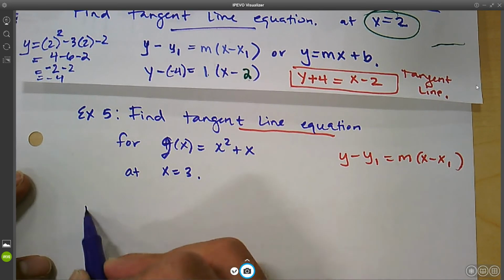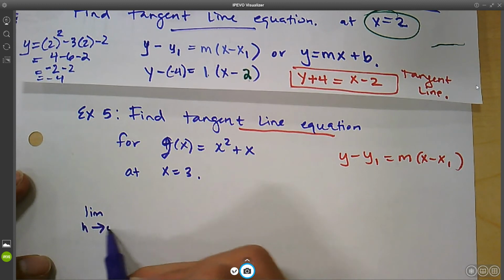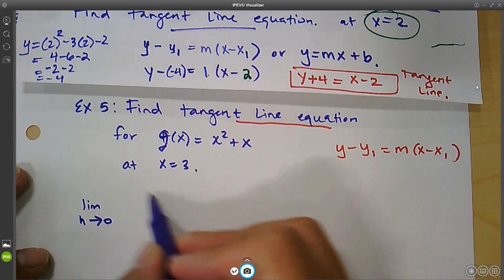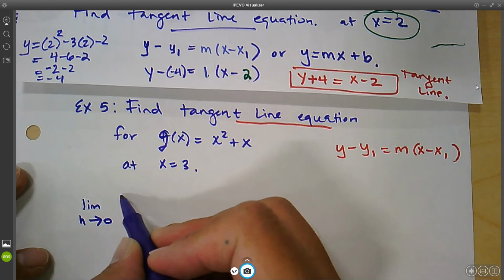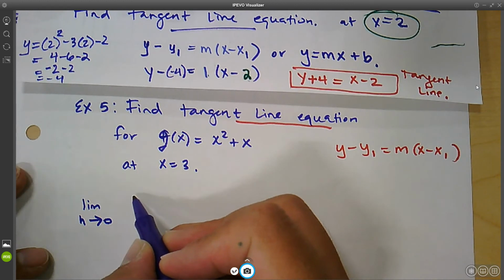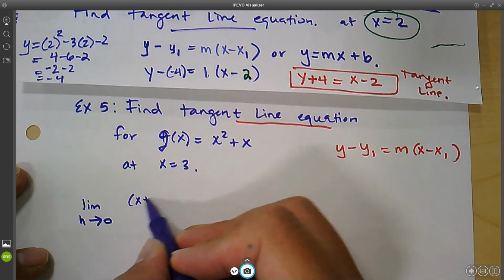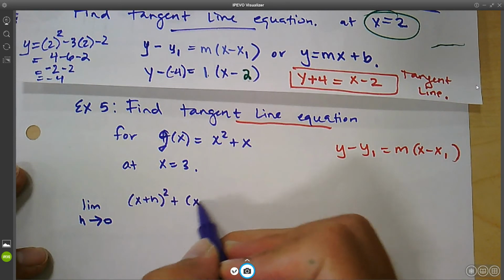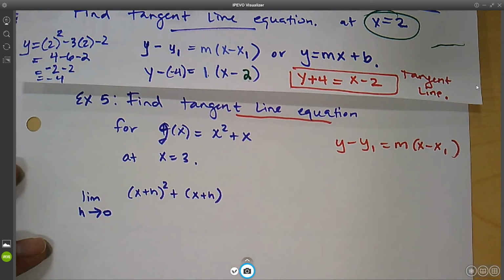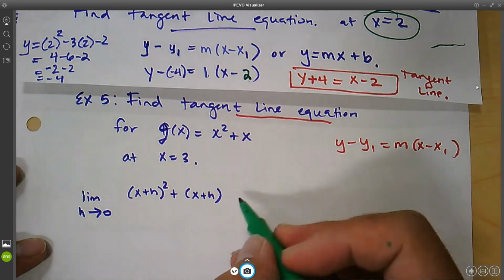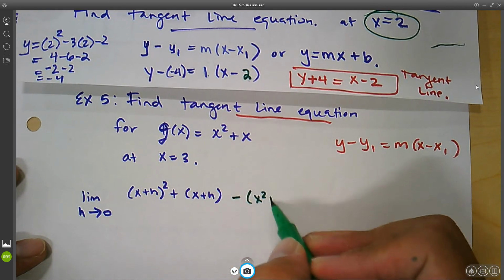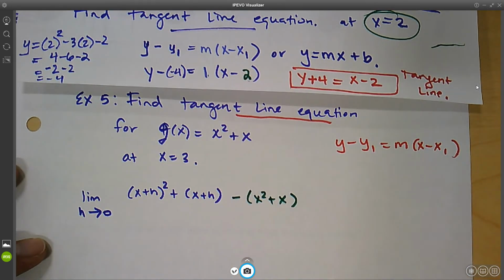Okay, so the formula starts off, h needs to go to 0. g of x plus h, okay, that's your setup, minus g of x, all over h.